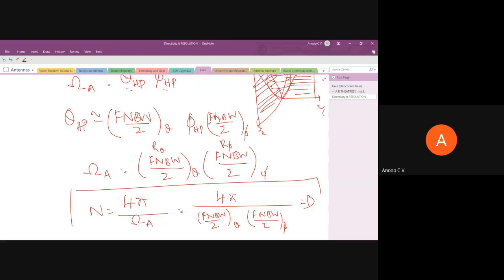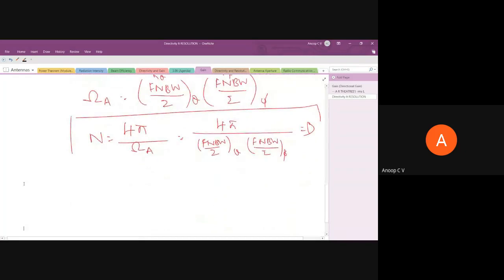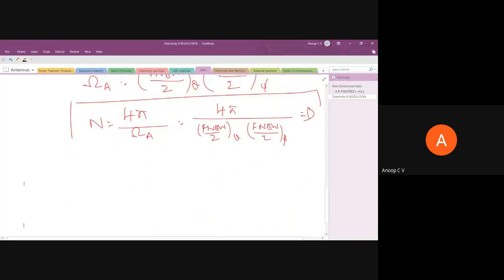I'll repeat: D can be viewed as the mutually exclusive areas into which an antenna beam can divide a sphere. That is numerically equal to the total number of point sources.